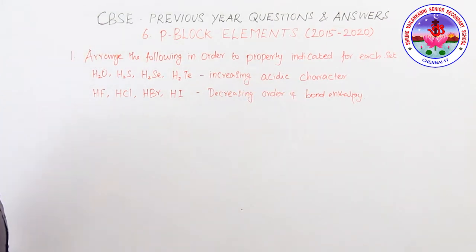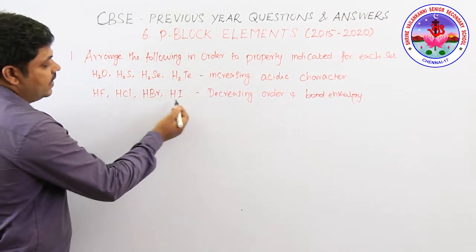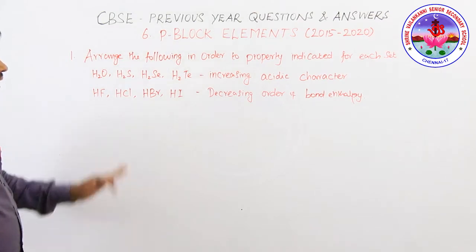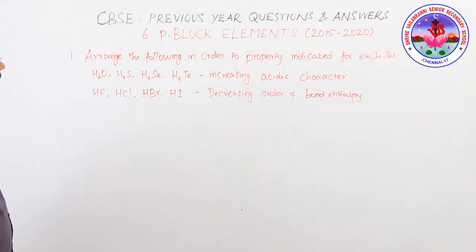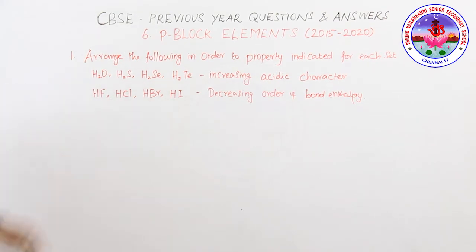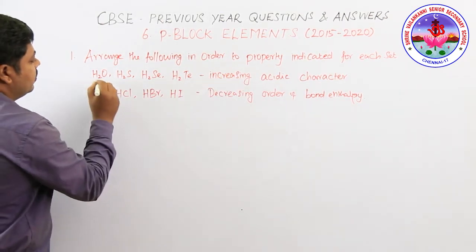You have to write the increasing acidic strength. Then the second is HF, HCl, HBr, HI, in decreasing bond dissociation enthalpy, simply bond enthalpy. So first you have to write the increasing acidic character for this question.